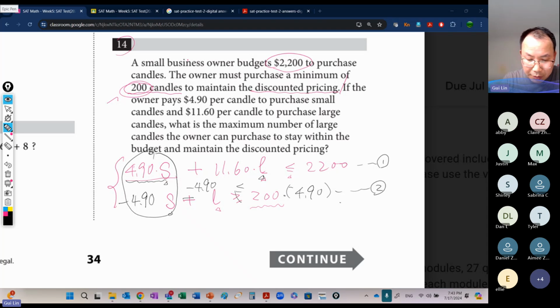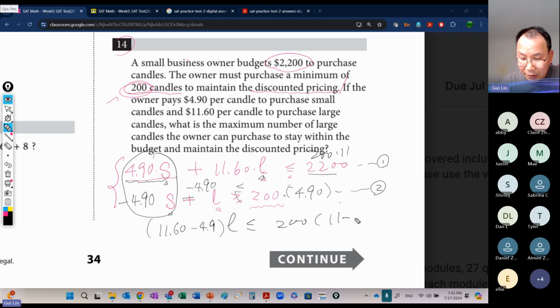So you get 11.60 minus 4.9 L less than or equal to 200 times 11. Top plus bottom, so it's still minus 4.90. You get S less than 200, but obviously S is definitely less than 200.